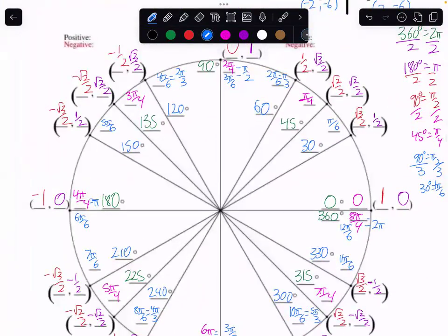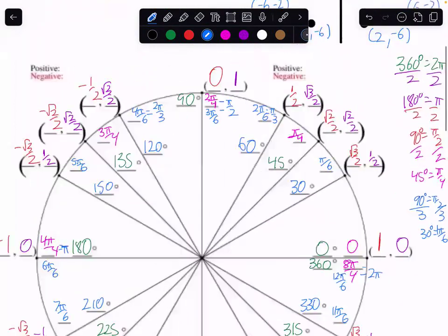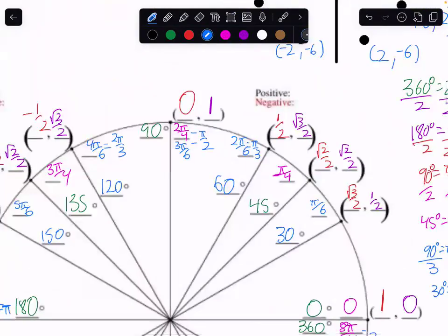My strong recommendation would be on the day of the test, first thing, draw and label a unit circle. Because now if I ask you what is cosine of 120 degrees, you look at the x coordinate, and you know that cosine of 120 degrees is negative 1/2, right?